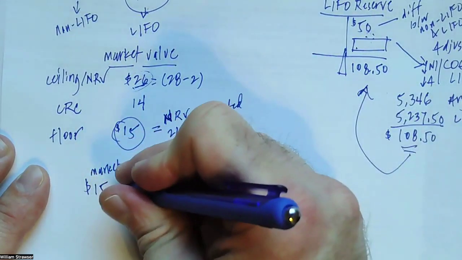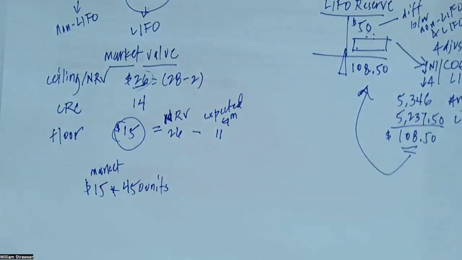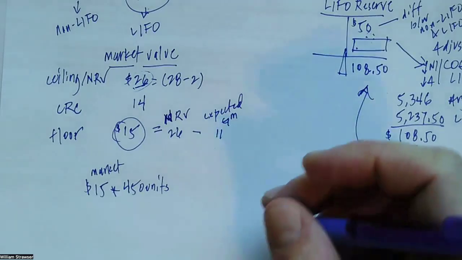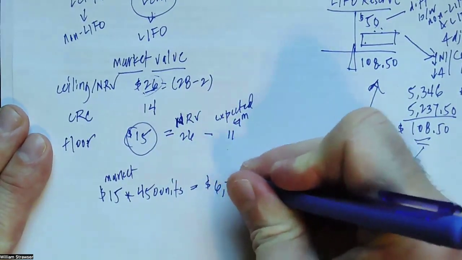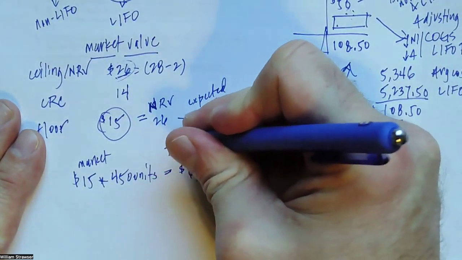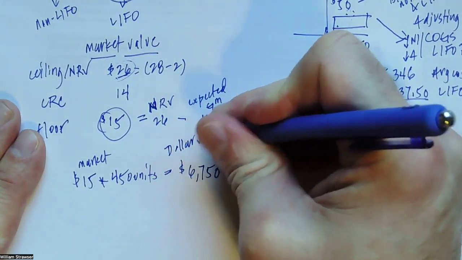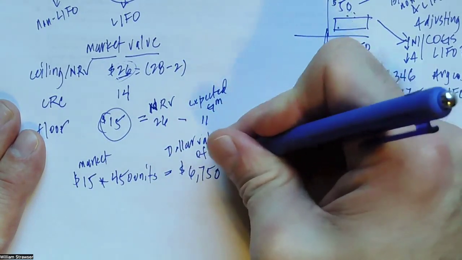We're going to multiply that by the number of units we had. Because remember, that's a price per unit. And so I have 15 at 450. So at market value, this would be the dollar value of my ending inventory at market.